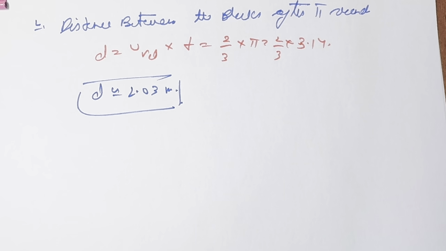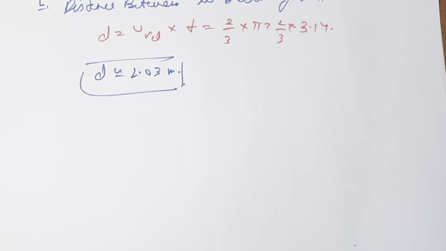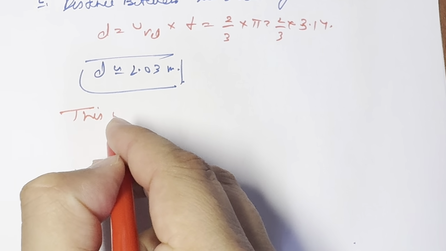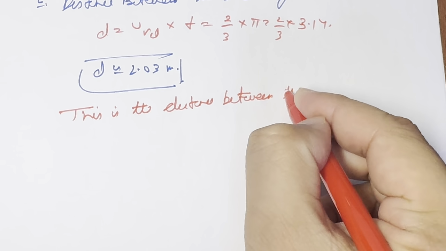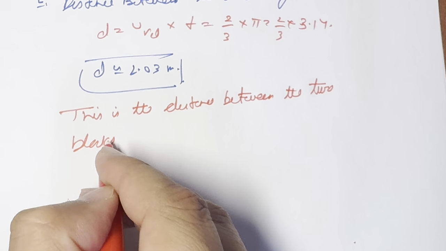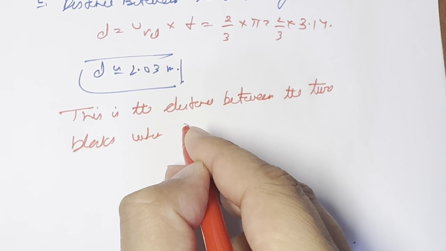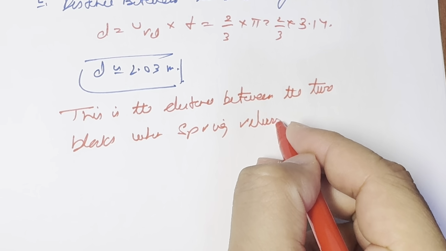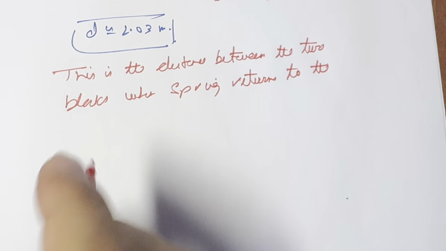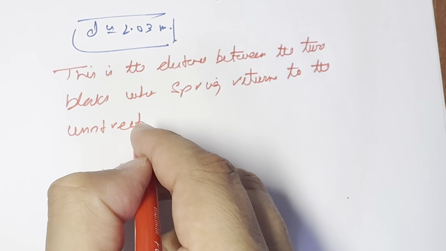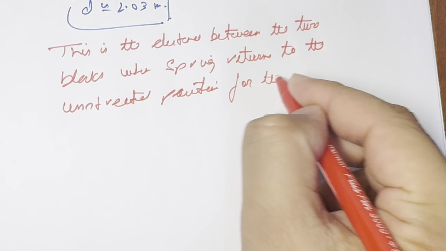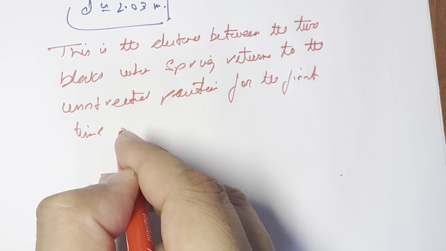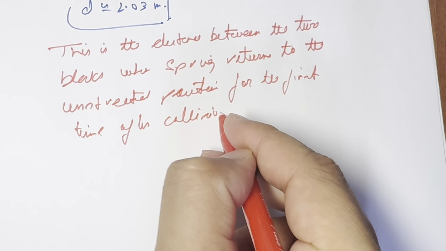So this is the distance between the two blocks when the spring returns to the unstretched position for the first time after collision.